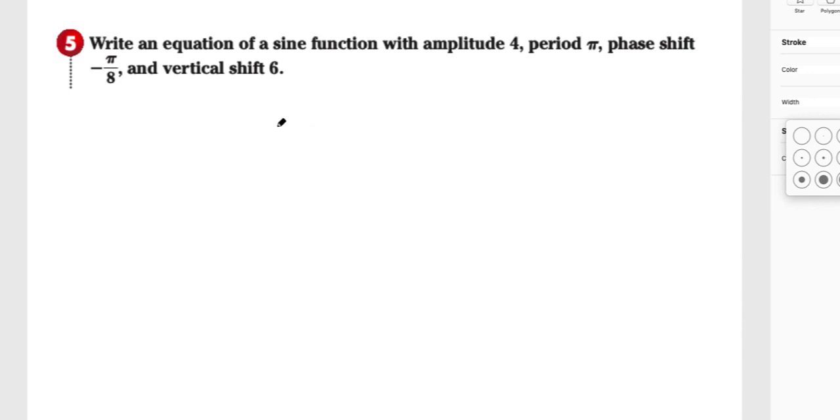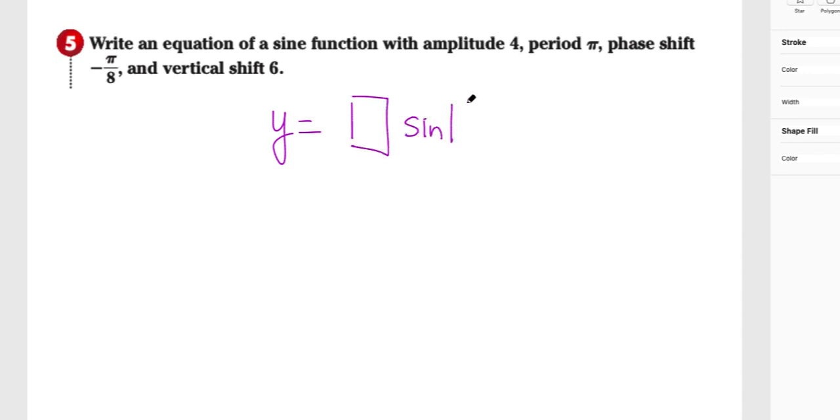So we know it's a sine function. So we've got y is equal to something times the sine of some number times theta minus some number. Okay, we're going to do it in the way that we've been talking about it, plus some number here. And so we remember that this number is going to be related to the amplitude.